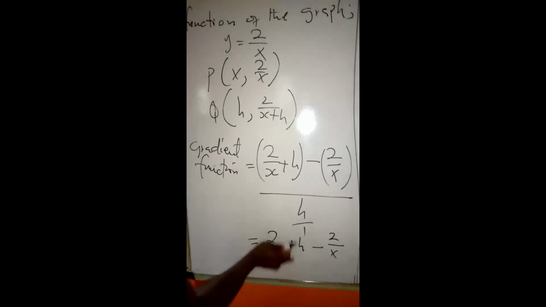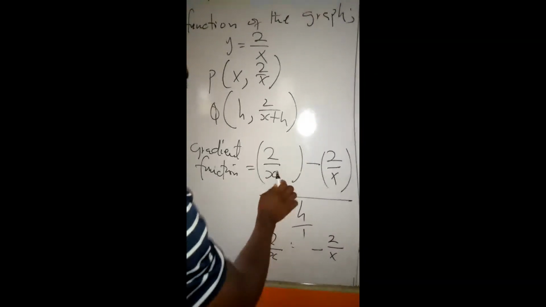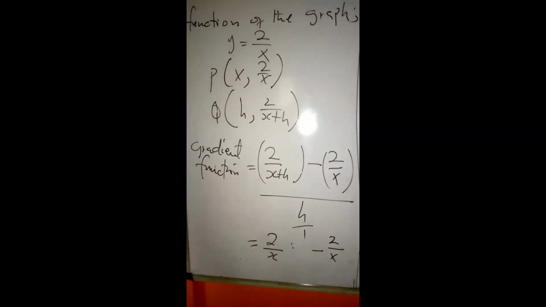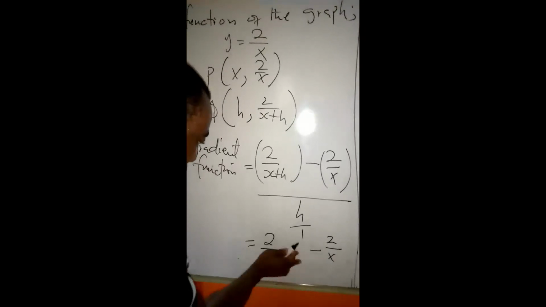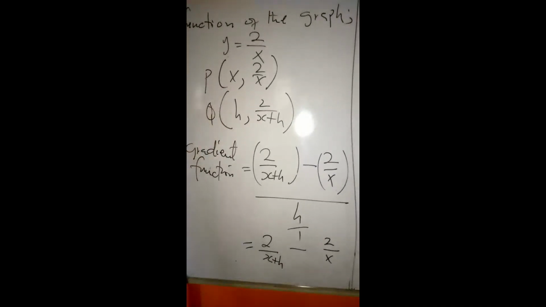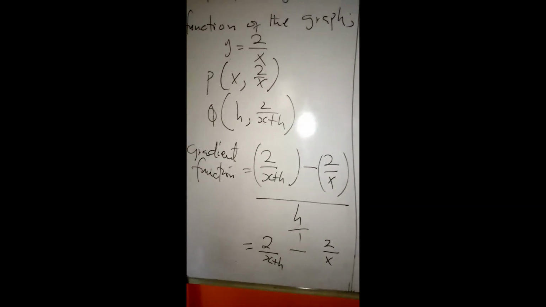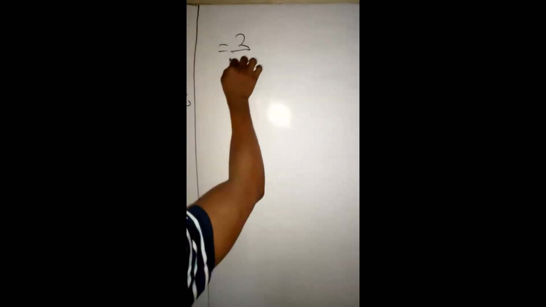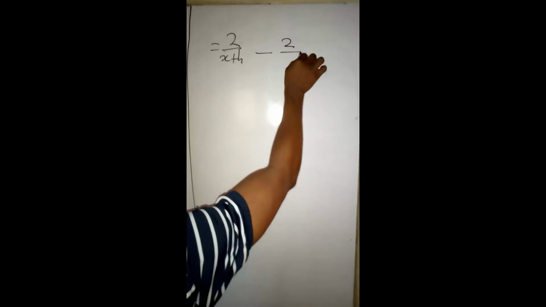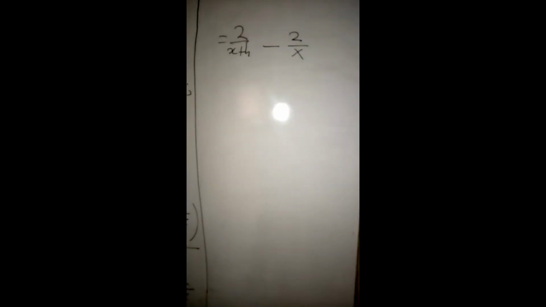Sorry, be careful please, the denominator is x plus h. Now we don't miss that. So let me take it up: 2 over x plus h minus 2 over x. Please, let us be consistent and be very careful.